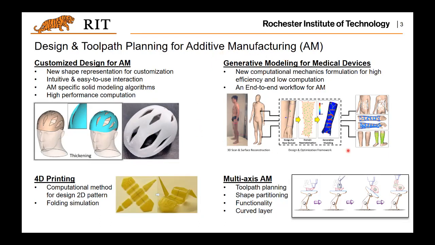Another aspect is the so-called generative modeling. If you have ever used Autodesk Fusion 360, there is a module which is the generative modeling module. The idea is you could save a lot of material. You are not just having a solid shape. Instead, you will have material removed from the product, and only the critical regions will have material.